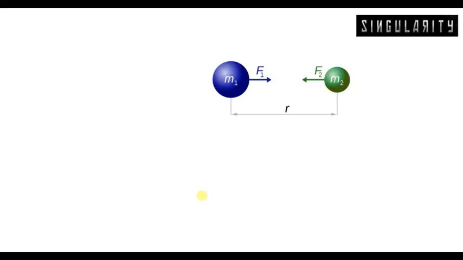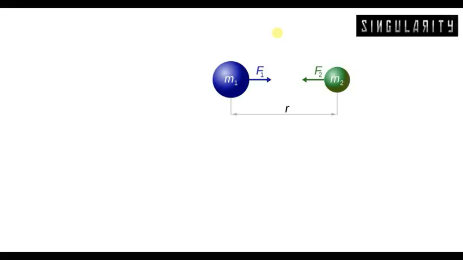Firstly, understand Newton's law of gravitational interaction. If you look at this figure, F1 is the force acting on mass m1 due to the gravitational interaction between mass m1 and m2, and F2 is the force acting on mass m2 due to the same interaction, and these forces are equal.